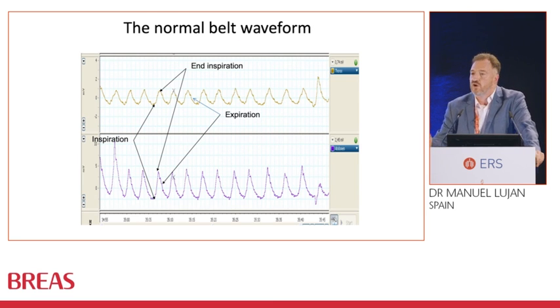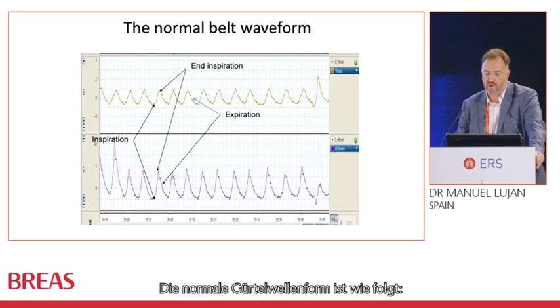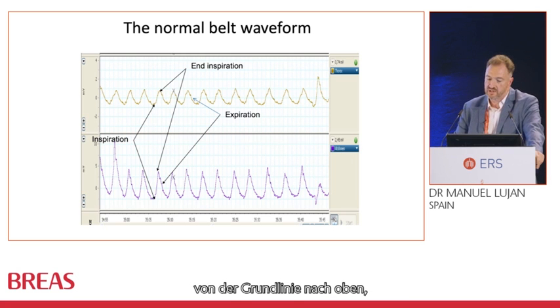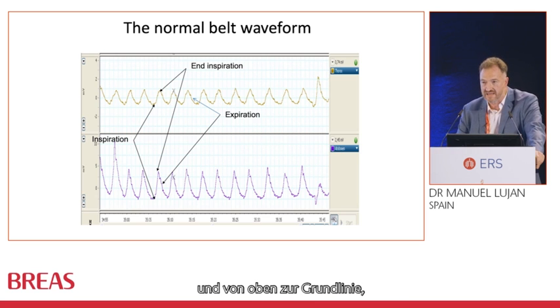That's the physiology. Let's review the physiology of the normal belt waveform. The normal belt waveform is like this: from the baseline to the top, corresponding to the inspiration of the patient, and from the top to the baseline, corresponding to the expiration of the patient.